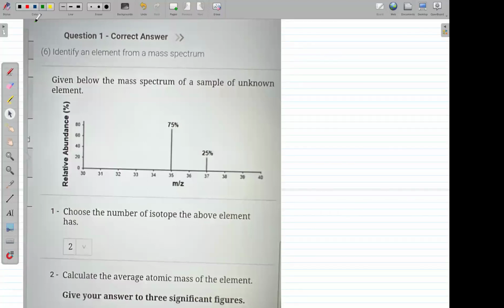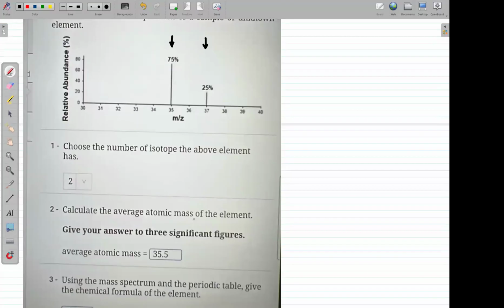Since you have two peaks, you have two isotopes. This is the first peak, first isotope, and the second peak is the second isotope. If you have three peaks, it will be three isotopes, and so on. Calculate the average atomic mass of the element.